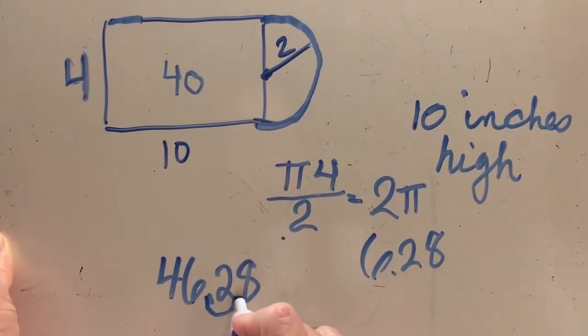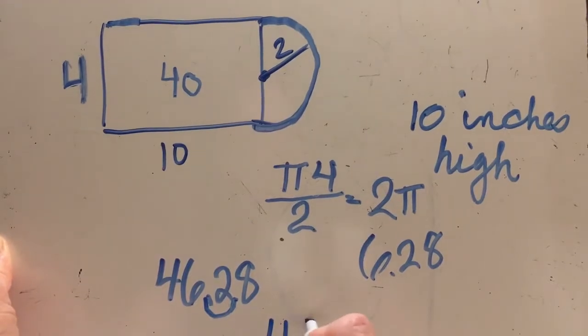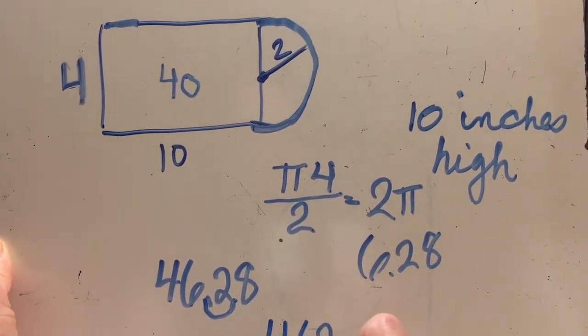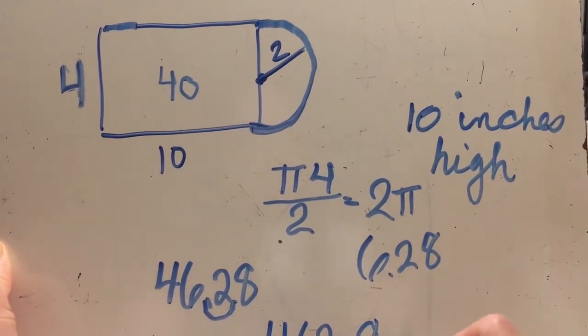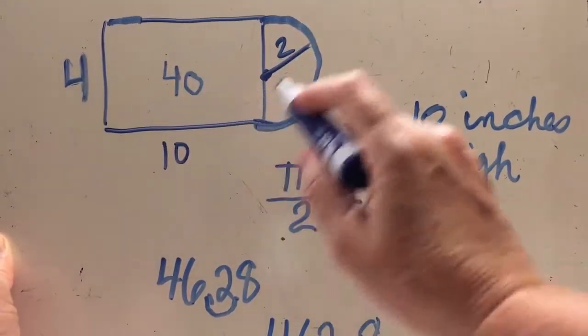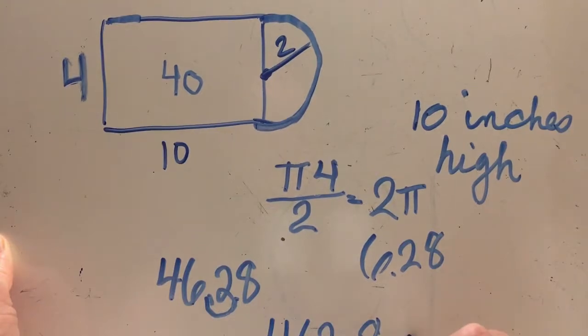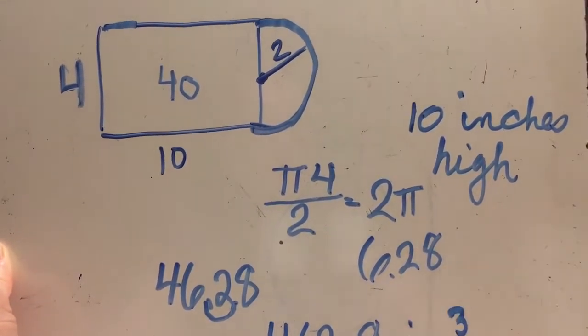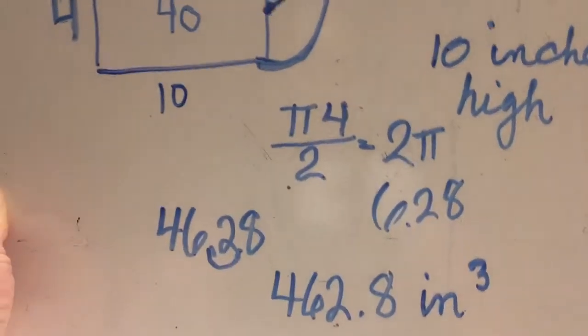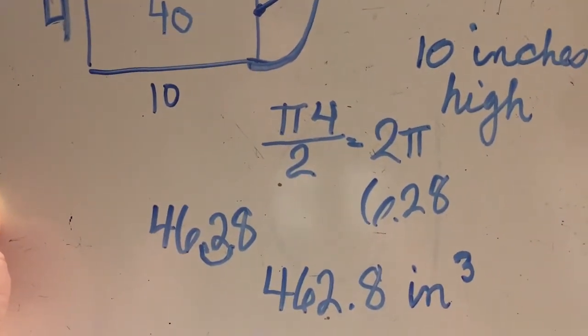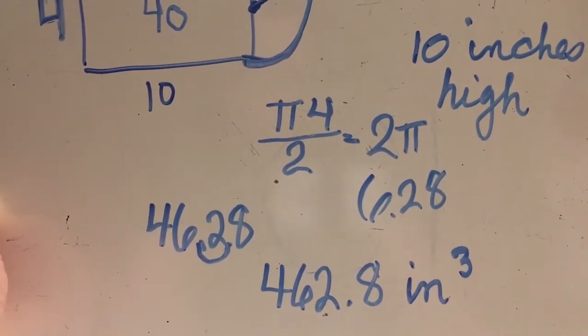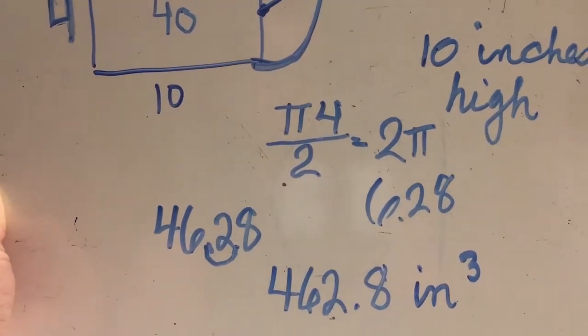So multiply by 10, and we get 462.8. And this one, remember, area is inches squared, and then volume is inches cubed. And that would be our answer, 462 and 8/10 inches cubed.